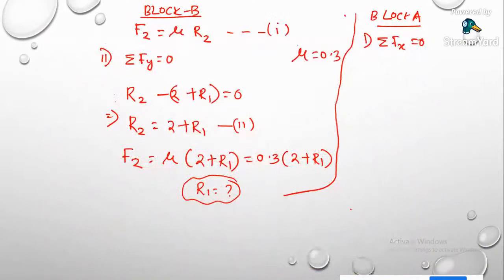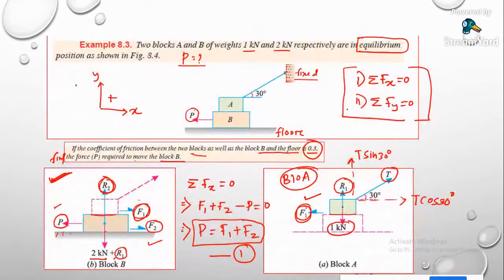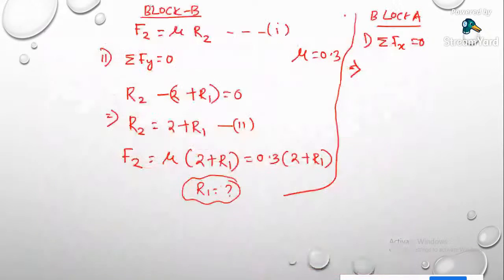Now if I write the net force in x direction equal to 0, what are the forces acting? T cos 30 minus F1 will be equal to 0.